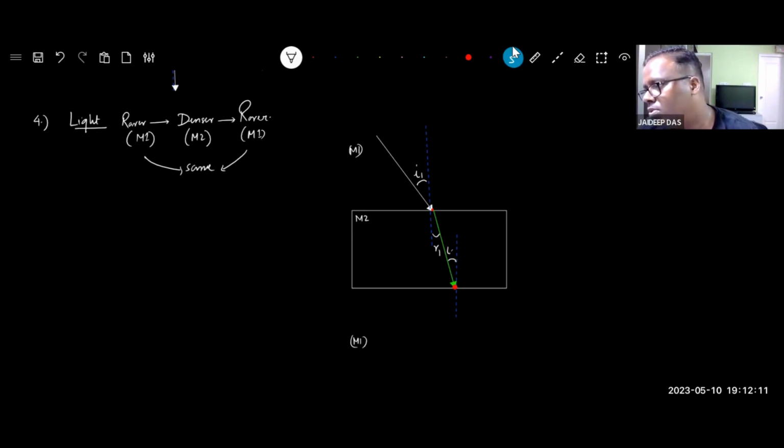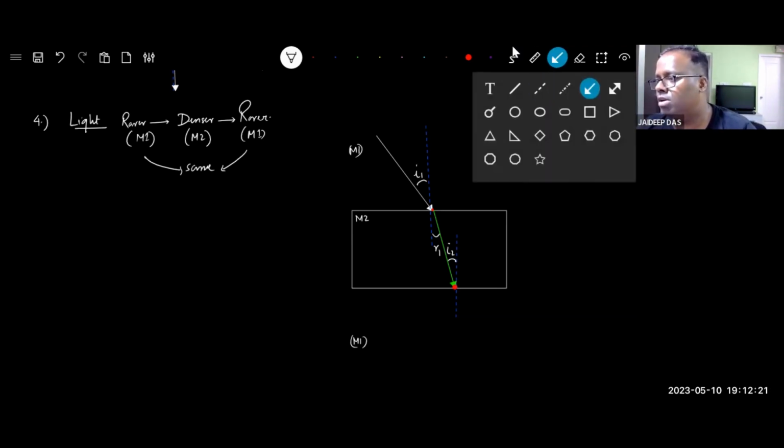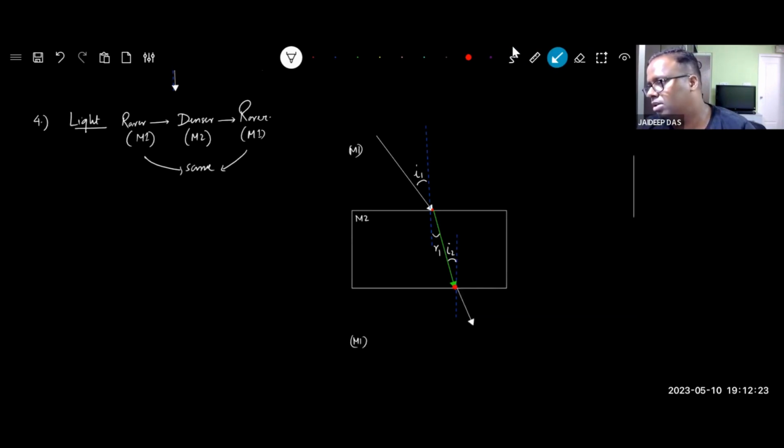R1 is again equal to I2, or alternate interior angles of parallel lines. This is the incident angle. And finally, my ray will come out exactly parallel to the incident ray.